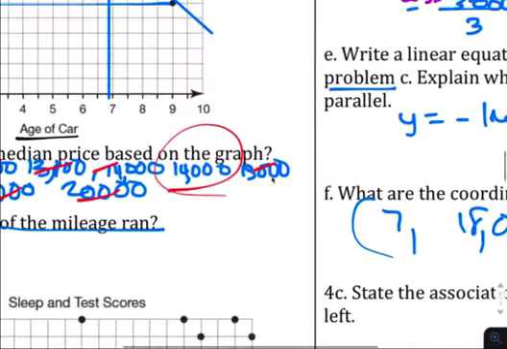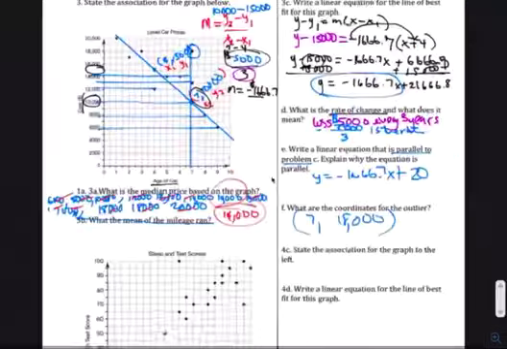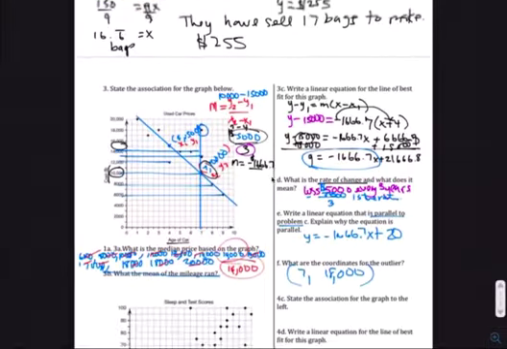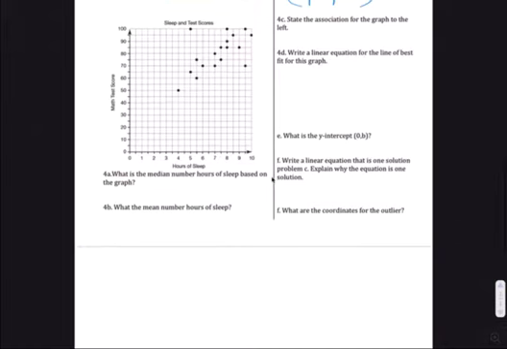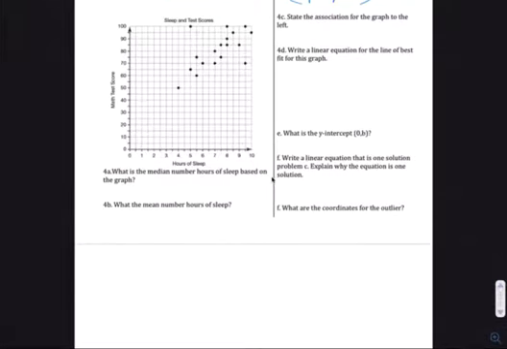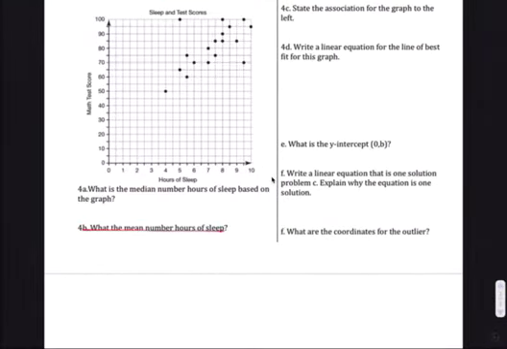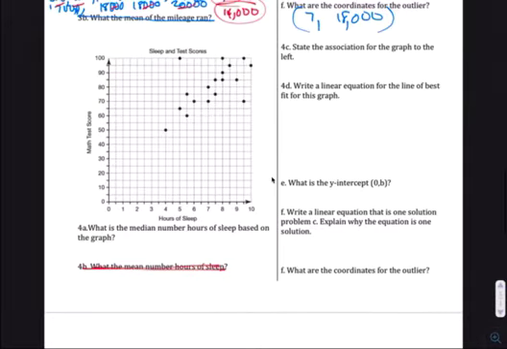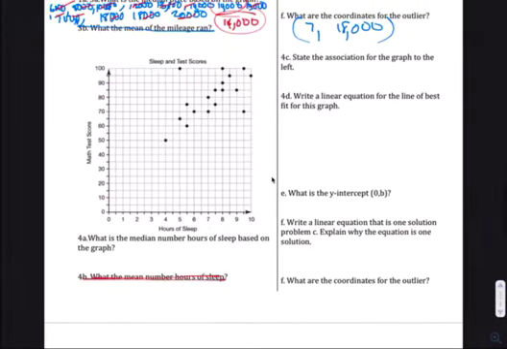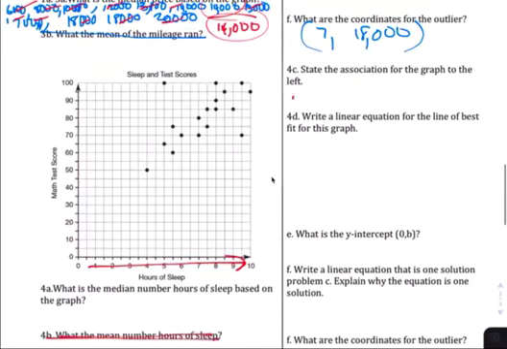Median is 14,000. Okay, that's the middle number. All right, you do the same for this one. You don't have to do the mean. State the association: as hours of sleep increase, math test score increases.